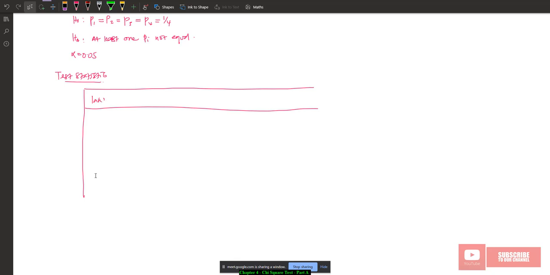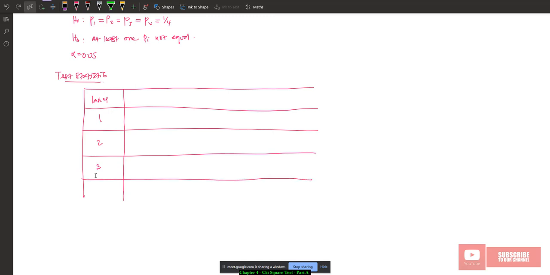Here are the lanes: lane number 1, 2, 3 and 4. We have the observed frequency, O: 294, 274, 238, and 192.